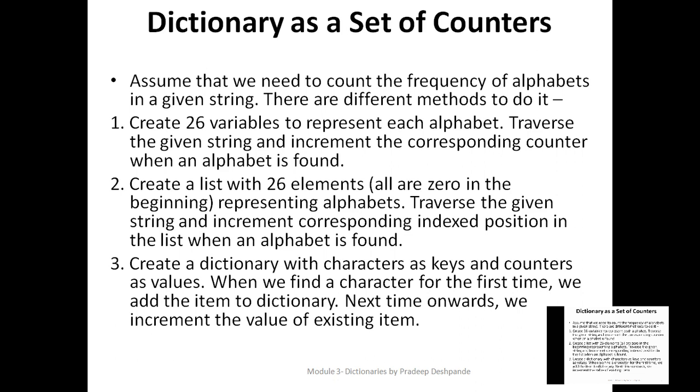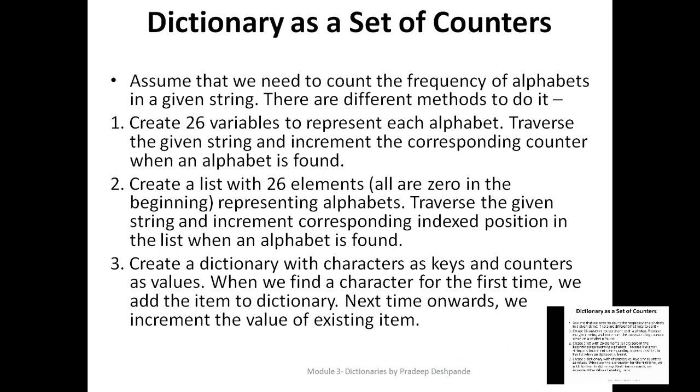Otherwise we can have another way. We have to create a dictionary with characters as keys and counters as values. When we find a character for the first time, we add the item to the dictionary. Whenever a particular character is found, it is added to the dictionary and its value is incremented by 1.